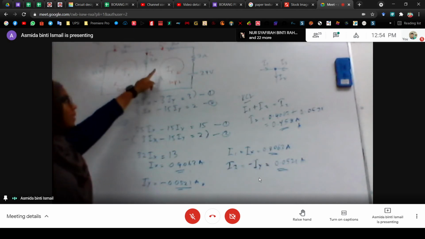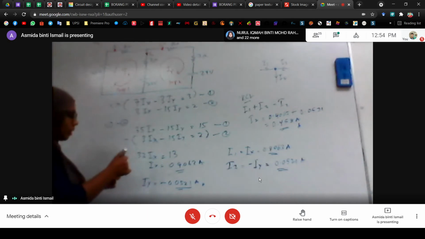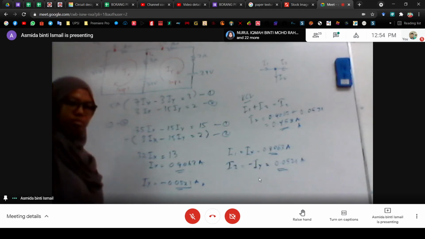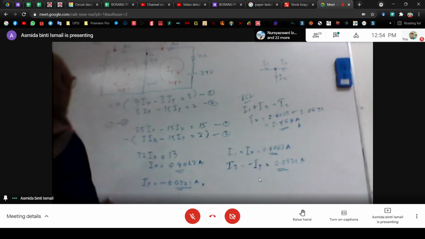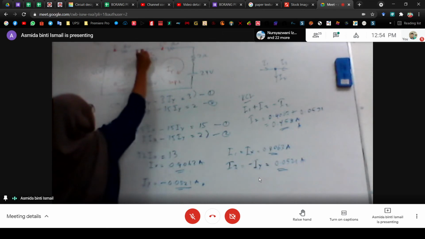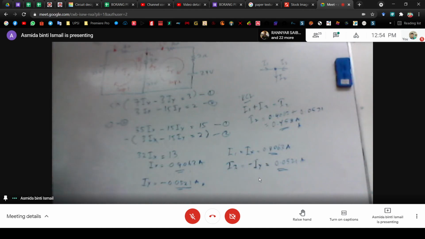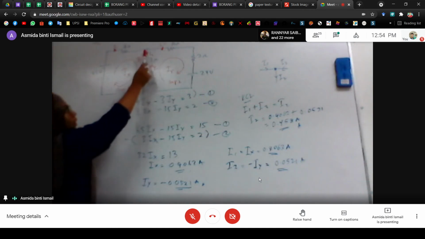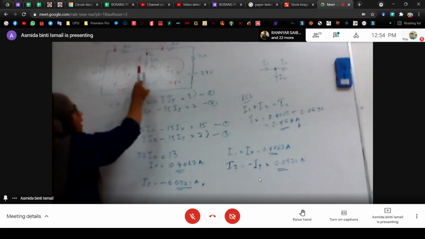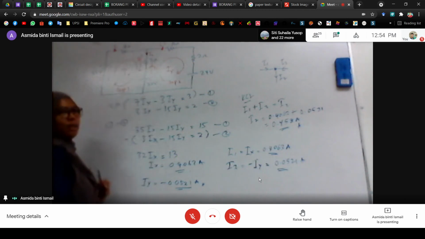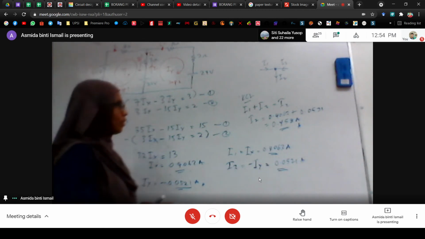Okay. So macam mana? So sekarang ni your Ix is equal to... you know that Ix flows here. This is Ix, and Iy flows. So your I2 is actually Ix minus Iy.